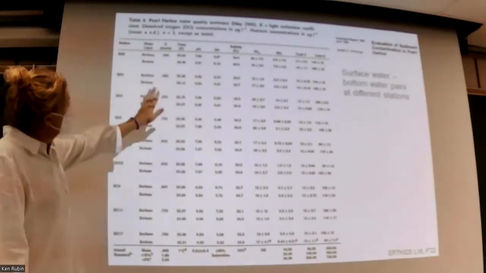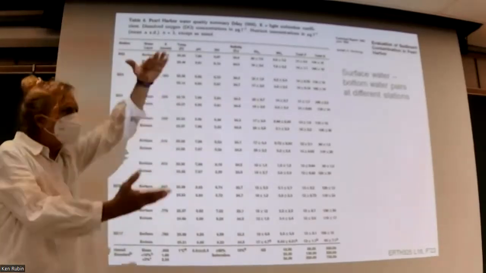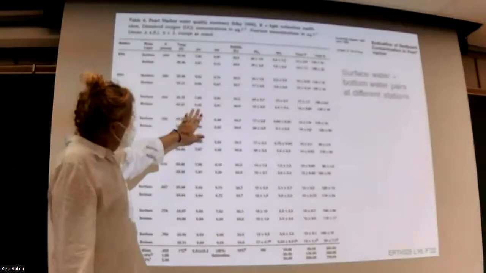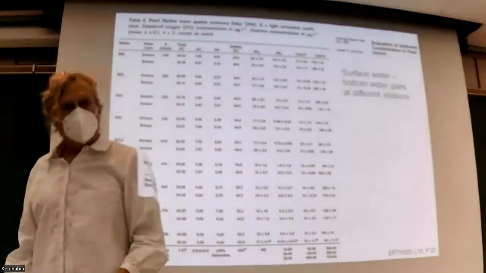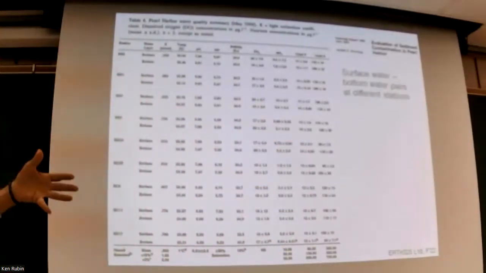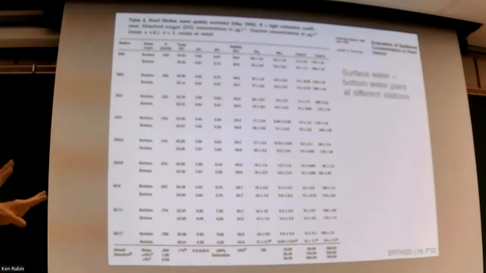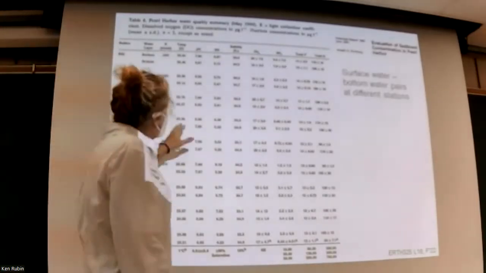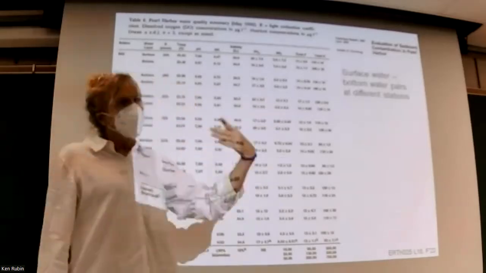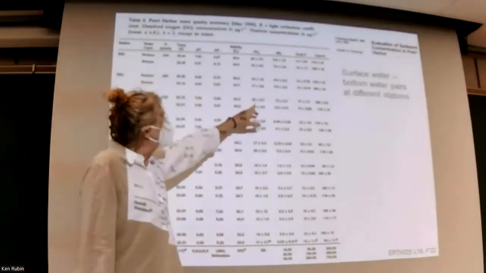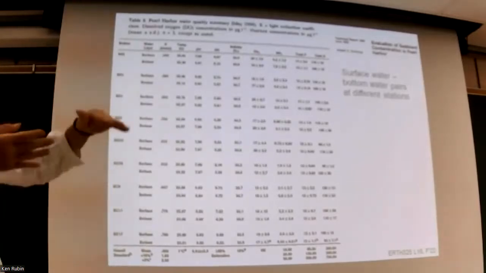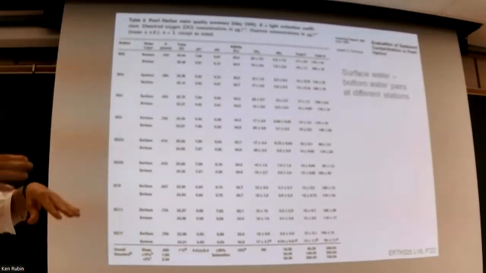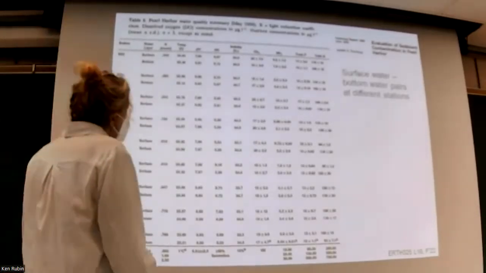There are things like the temperature, which will tell us the degree of stratification, the pH, the dissolved oxygen. On this slide, we've got phosphate and nitrate, right? And as you could imagine, the locations in the harbor that are fed primarily by agricultural sites have higher concentrations of nutrients, and they're much higher in the surface water than in the bottom water, presumably because they're being supplied in the runoff and the fresh water is floating on top of the salt water, as in most estuaries.